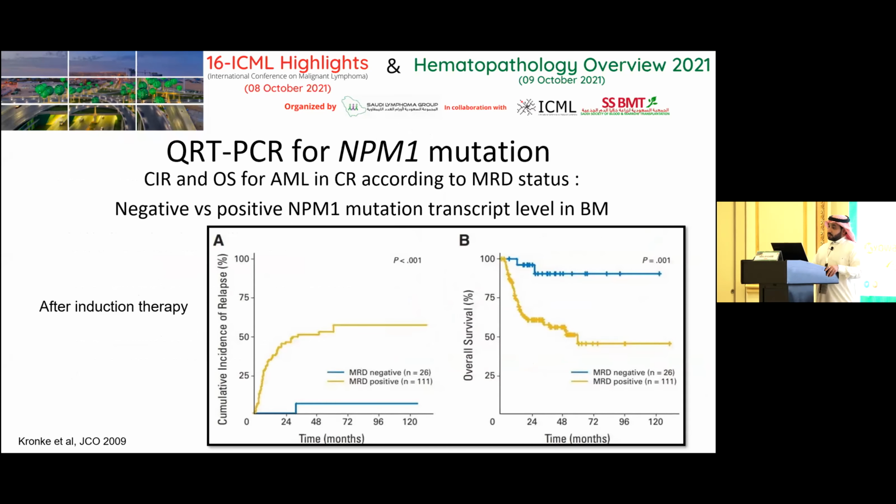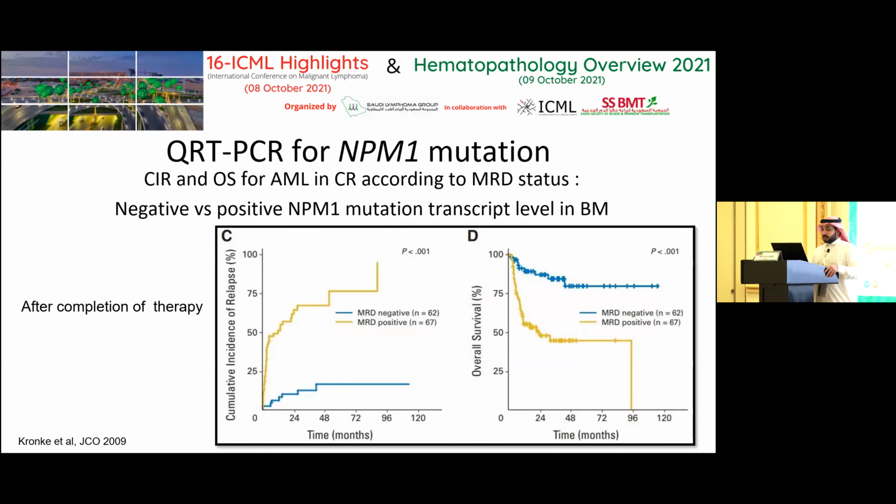The RT-PCR for the NPM1 mutation is a good marker for detection and gives a probability for relapse and overall survival when comparing after induction therapy and after completion of therapy.